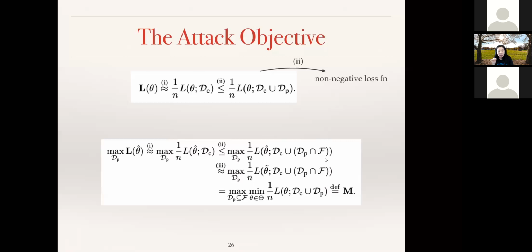If you have a feasible set, a practical algorithm cannot just do dp, sorry, not union, dp intersect with f. Why? Because you don't know dp. All you know is the union of dc and dp. So a practical algorithm would do something like this. Do people agree?